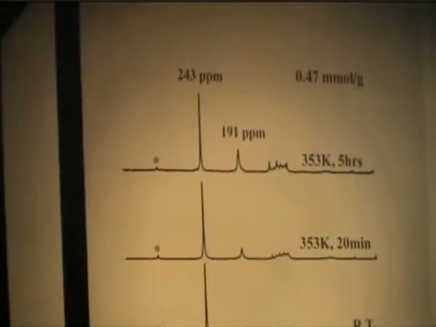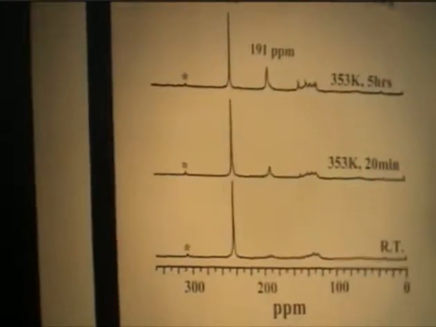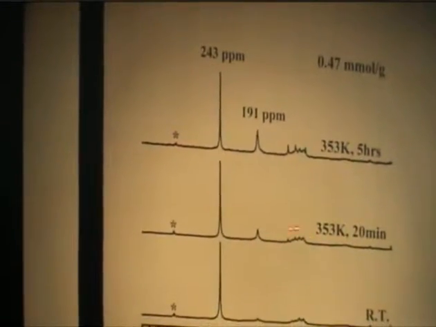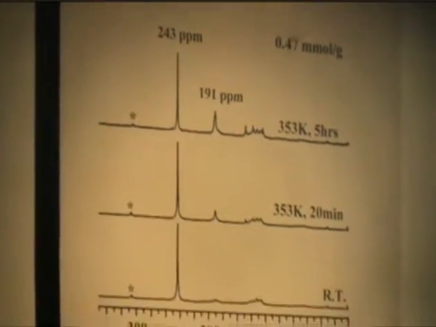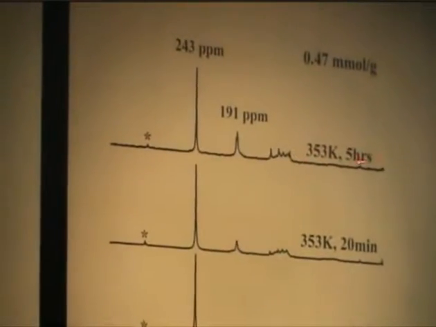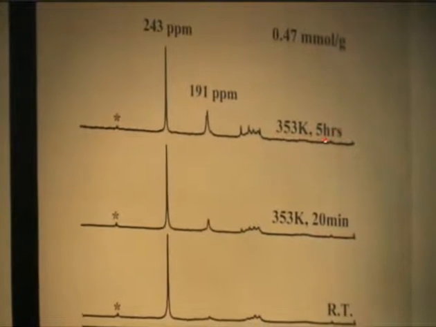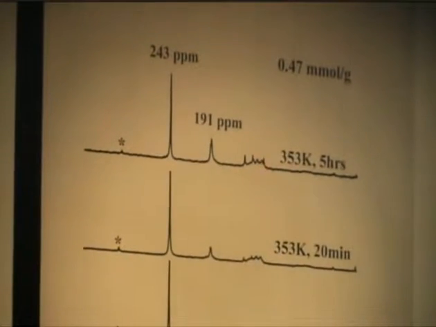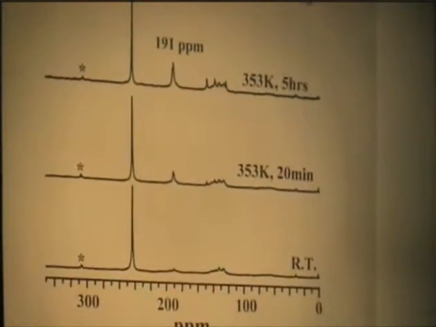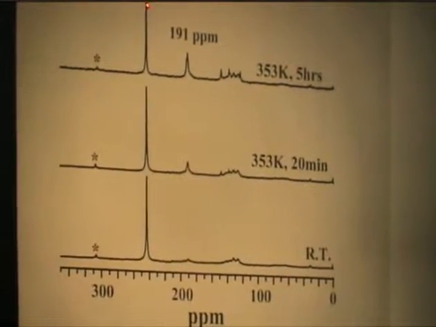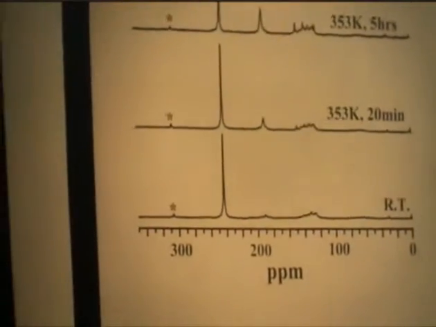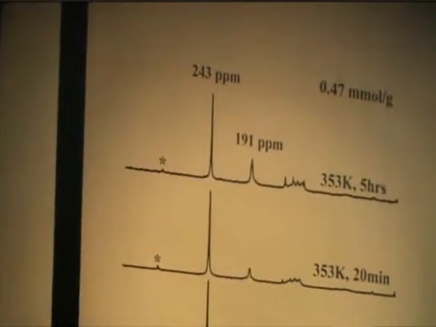Later on we can put more in. And you can see at 353 K some more peaks starting to show up as the polymerization goes on. And here, if we just wait a while, we start to see the peaks coming up. So now we can pick off what these things are one by one. But you see that its shift was 243, almost as strong as 100% sulfuric acid. Okay?